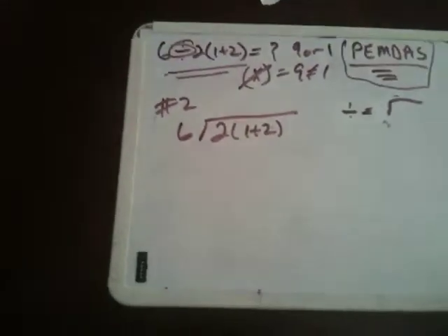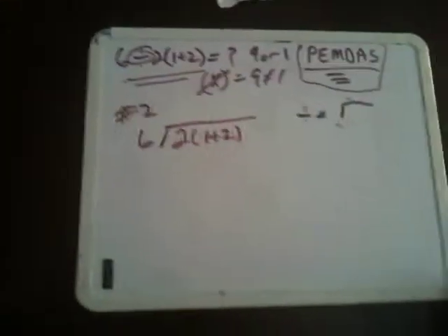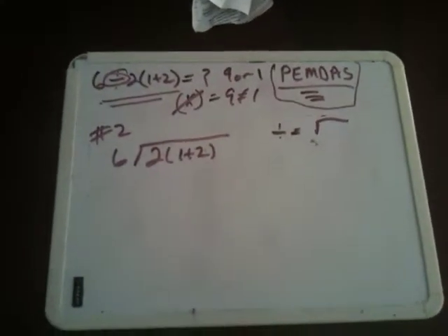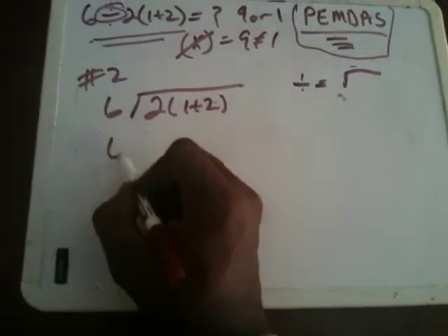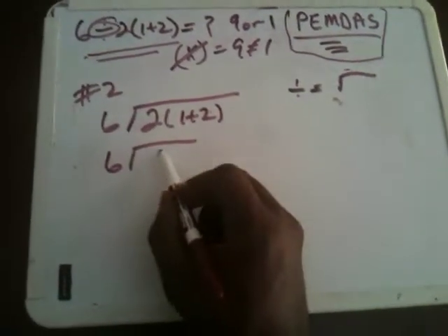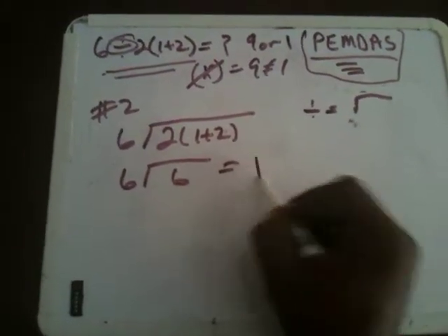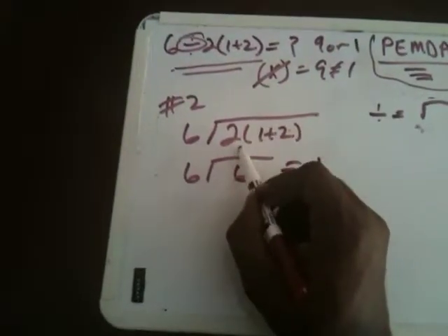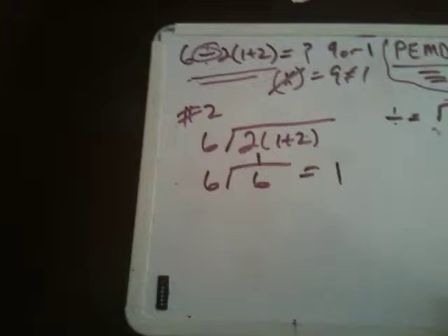So if I look at this, now that we've separated the entities, this entire problem looks a lot simpler to solve. And that's because why? Because we're going to say 6 divided by 6 is equal to what? 1. It's just that simple. We used to do the little 1 there.